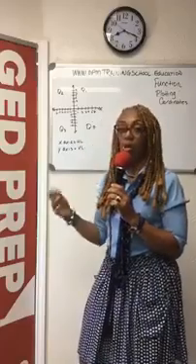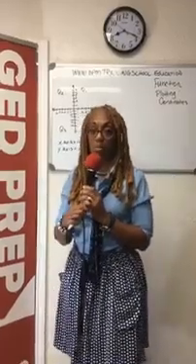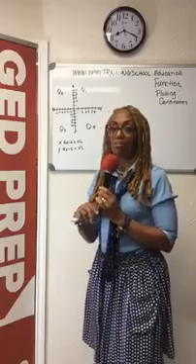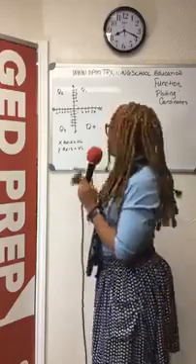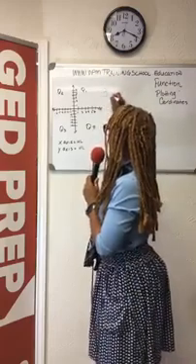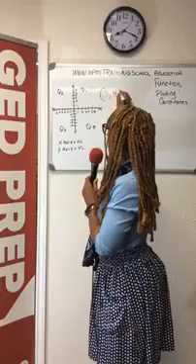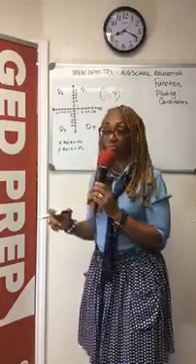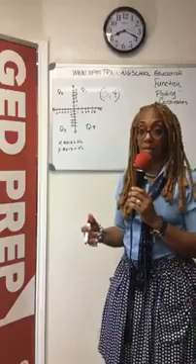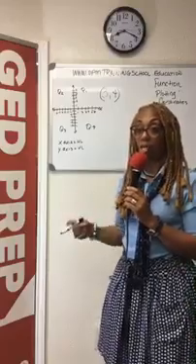Now, when we talk about plotting coordinates, typically you have two coordinates. For instance, if I gave the coordinates 3 and 4, because both of those are positive, it's going to be in the first quadrant.